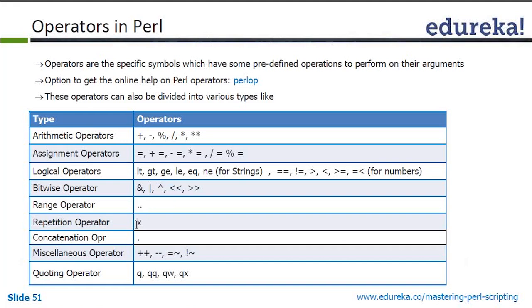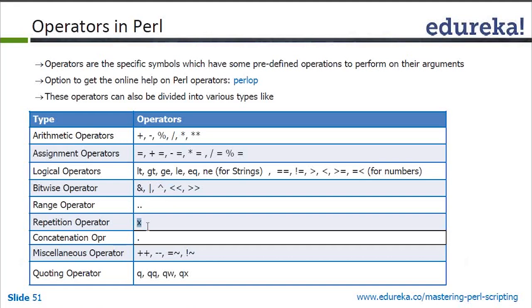And the repetitive operator is for when you want to repeat a thing n number of times, say 5 times. You can just print and x5. You can just do print x5, so it will print 5 times. It is very simple.